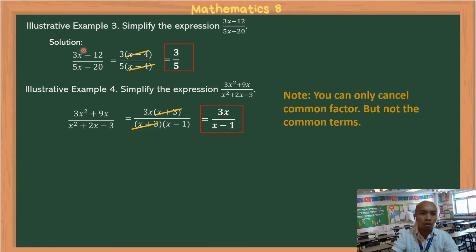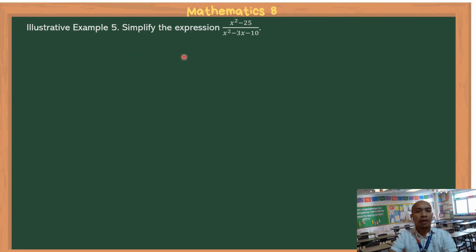You cannot cancel automatically the x because x here is part of a term. Again, you can only cancel common factors, but you cannot cancel common terms. So how do we know that it is a factor? It must be placed in a quantity or it must be placed with a dot, which means they are being multiplied.